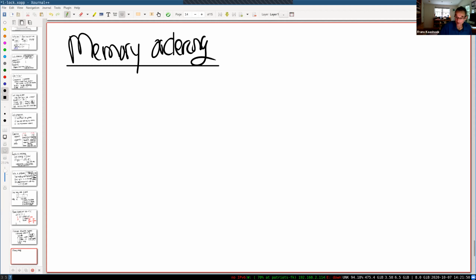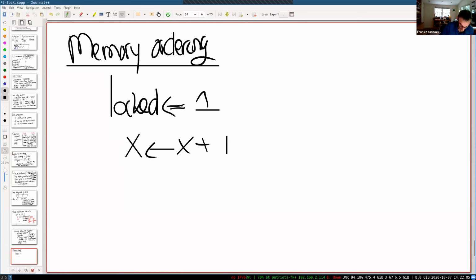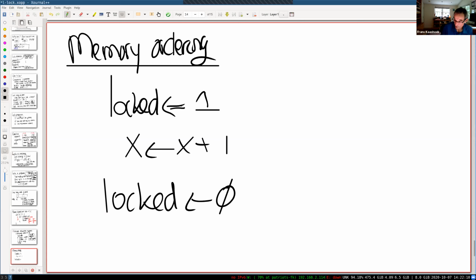So, for example, if you think about it, acquire sets locked to 1. Maybe we have a critical section in which x is set to x plus 1, and then release sets locked to 0. So you think about the instruction stream being executed on a particular CPU; these are the instructions being executed, right?